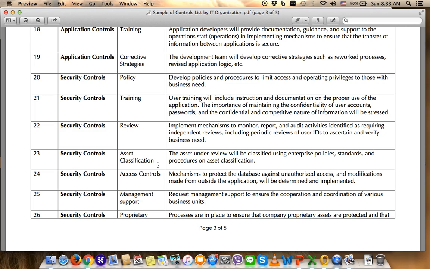So the next is management support. We consider this control include as a management oversight on security control to request management to support to ensure the cooperation and coordination of various business units.